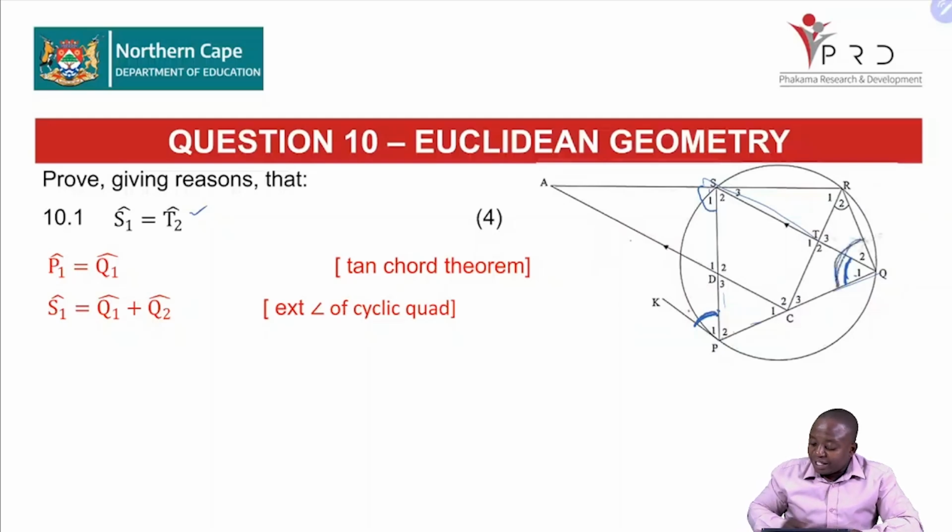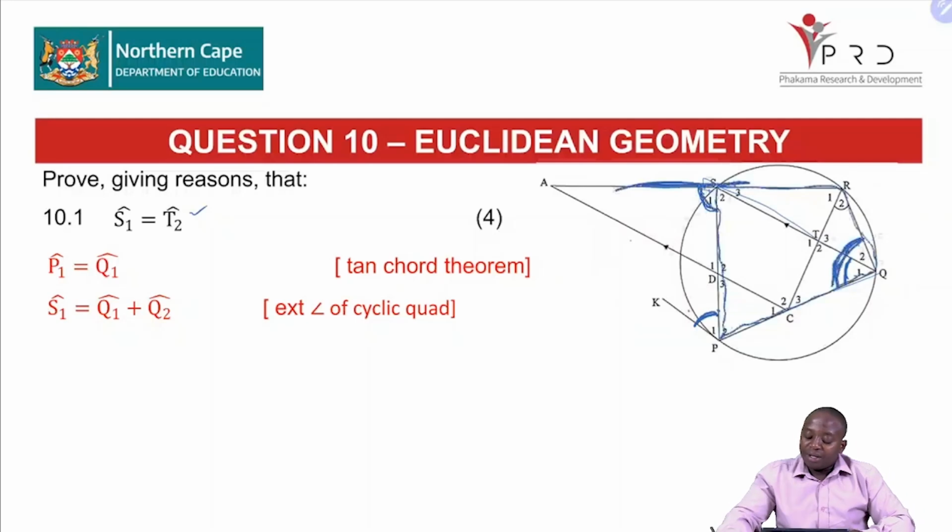And how do we see that? We were told that we had a cyclic quad right there, so that is an exterior angle of a cyclic quad. That line was giving us an exterior angle right there. It was not part of the pre-analysis, I just forgot to include that one. But that is part of our pre-analysis.